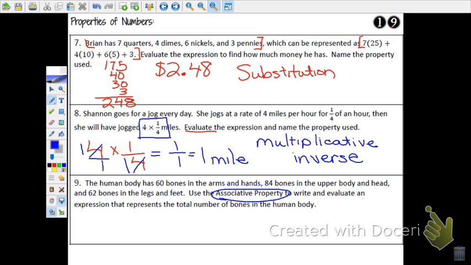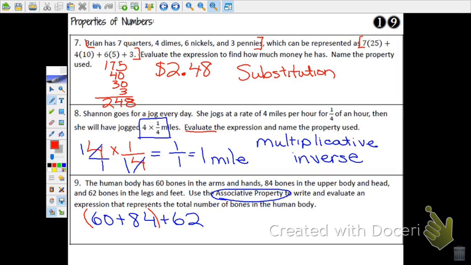So in this problem, I have 3 numbers that I have to add together. So I can put parentheses around the first 2, or somebody might choose to put parentheses around the second 2. But with the associative property, we have to have something grouped together. And whatever you choose to group together, when you find your answer, you need to show that using your order of operations.